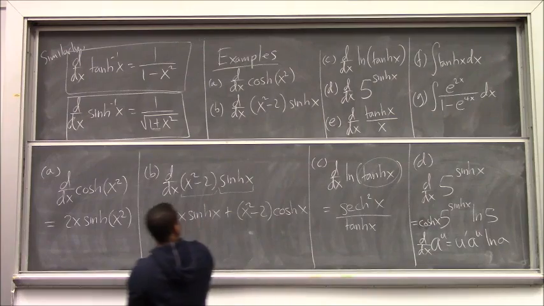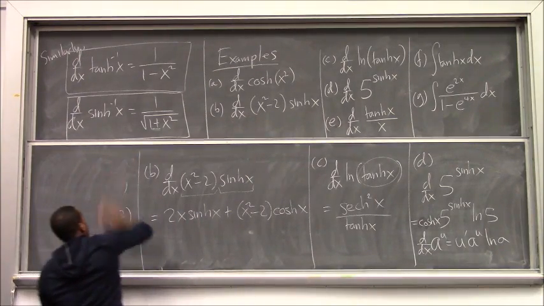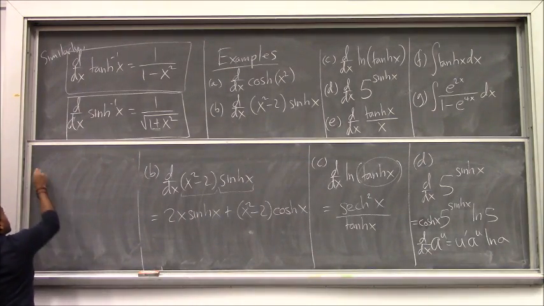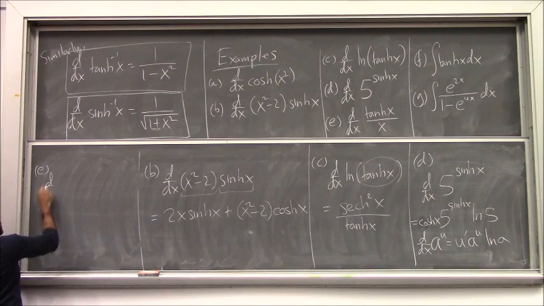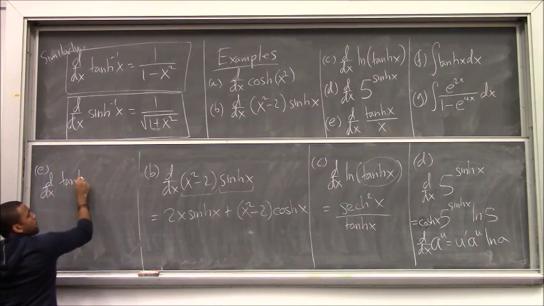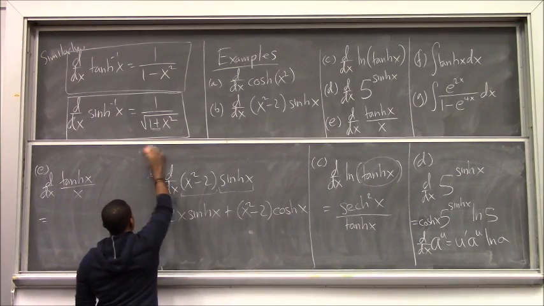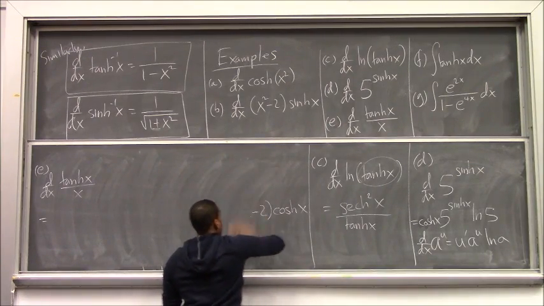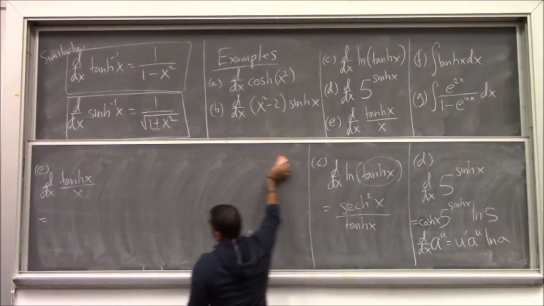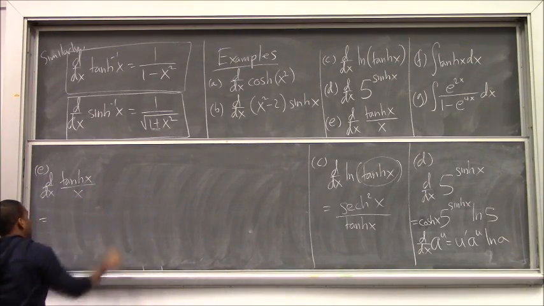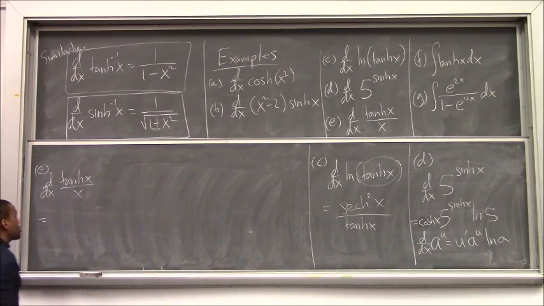Moving over here. We do this one. You use the quotient rule, there's division. You could also bring the x up as x to the minus 1 and do the product rule.